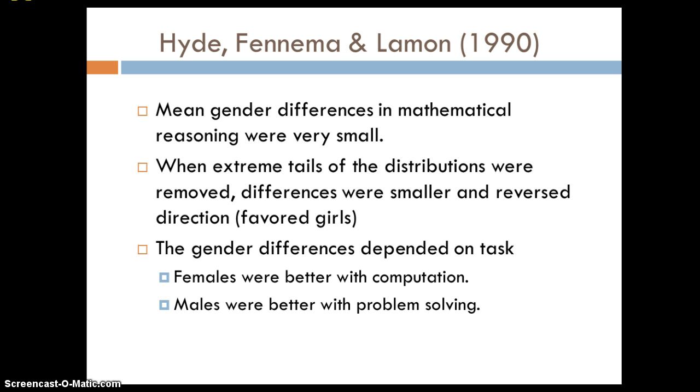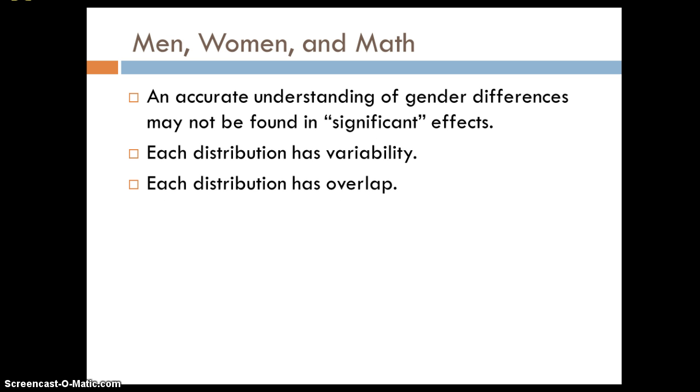But if you want to look at how those two distributions overlapped, you'll be kind of surprised to see that we can't necessarily draw good conclusions from a study just because it's statistically significant.